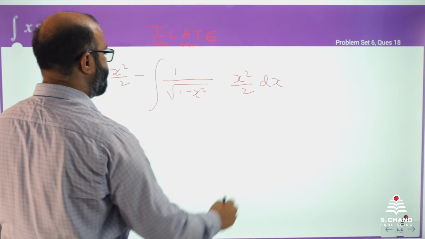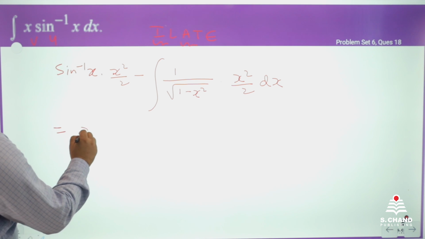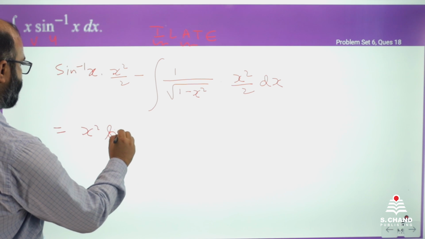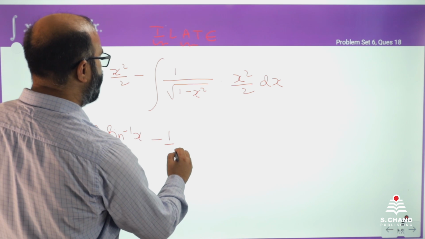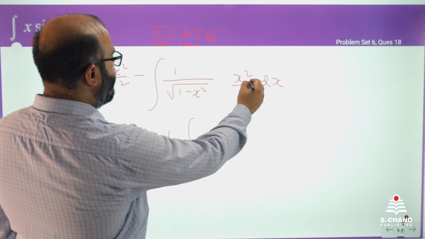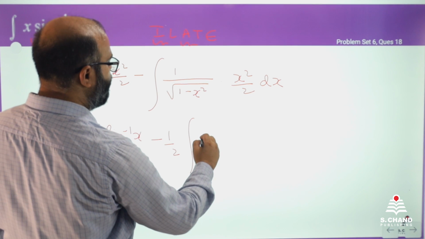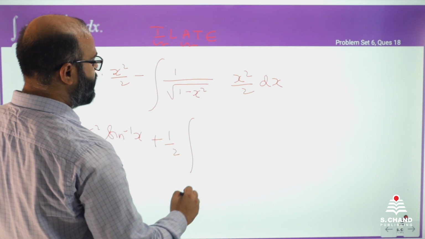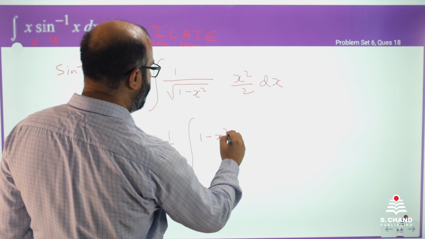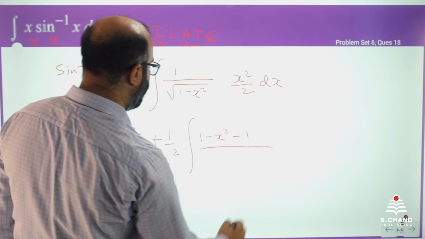like this. So this will be x square by 2 sine inverse of x minus 1 by 2, and this is x square minus 1 plus 1 after simplification. So you can write it as plus here and take minus inside. So 1 minus x square minus 1 you can write.